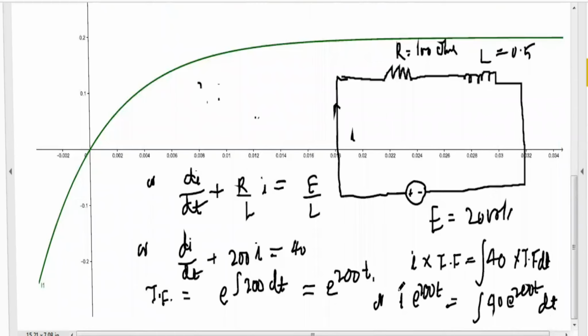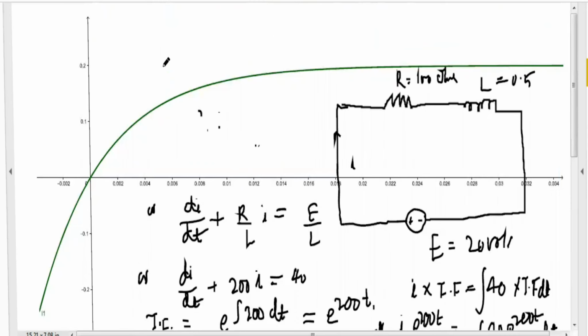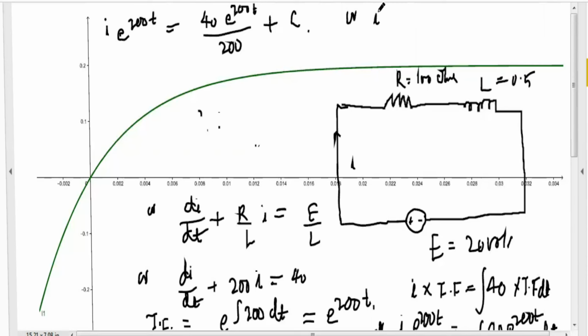On the left hand side, I e to the power 200t.